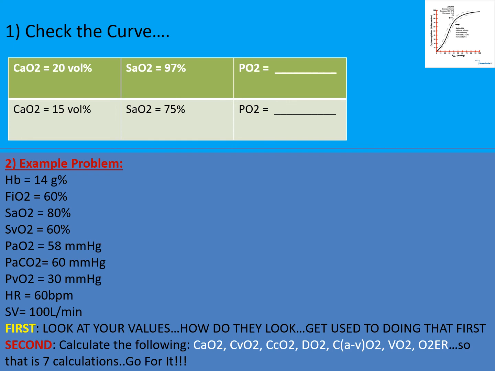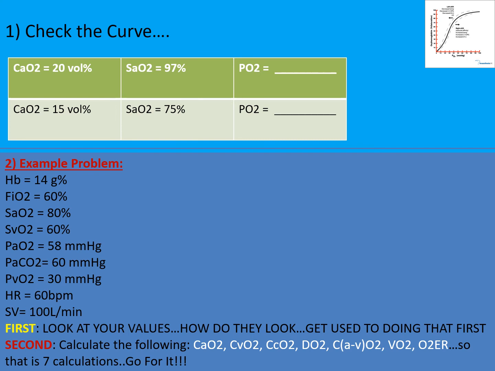So pause it when I tell you to pause, and I want you to go through and calculate all these. And this is just like your worksheet, you practicing these calculations. You need to have these calculations down and be able to do them, know the normals, know the units. And so be able to do these, okay?